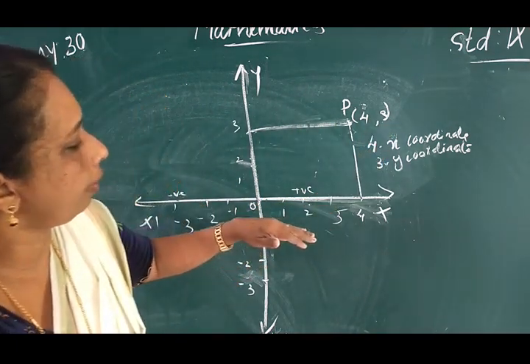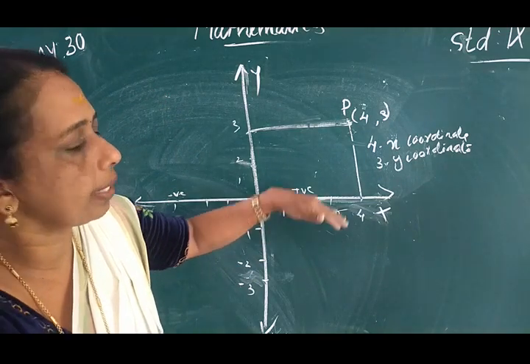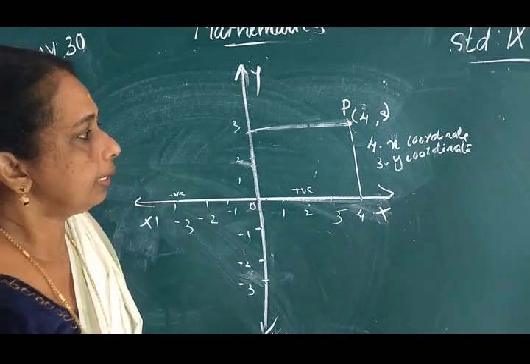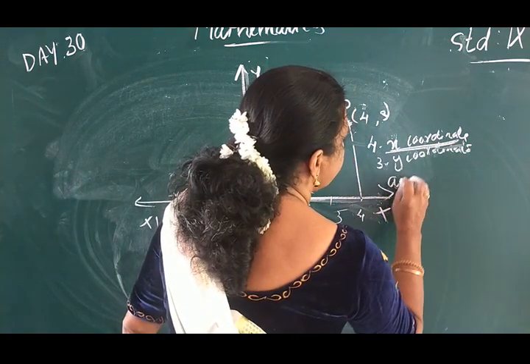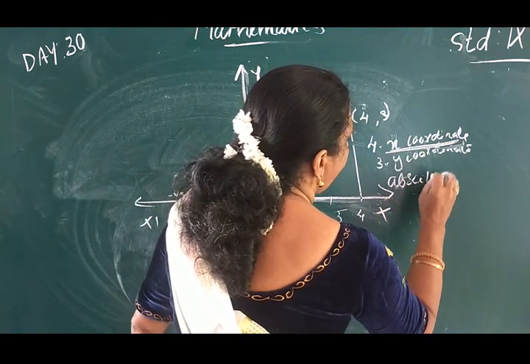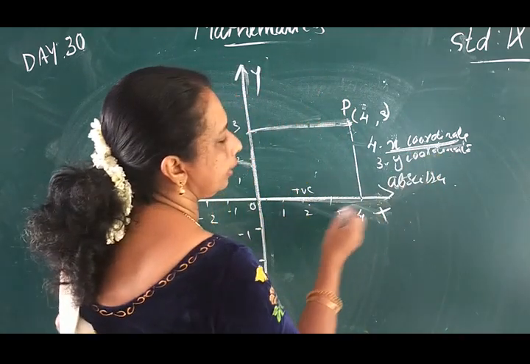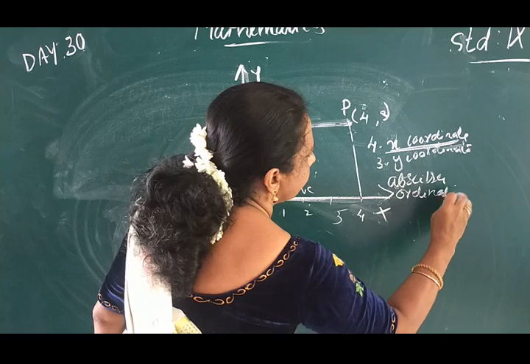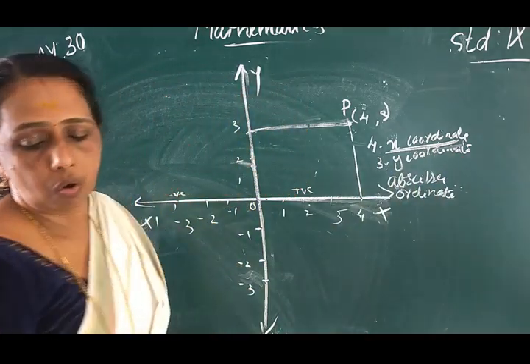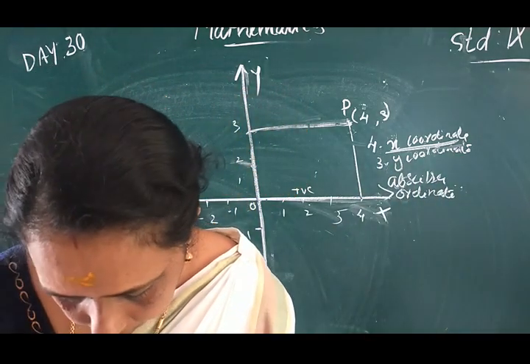And the distance of a point from the x-axis is called the y coordinate. The x coordinate is also called the abscissa, and the y coordinate is called the ordinate.